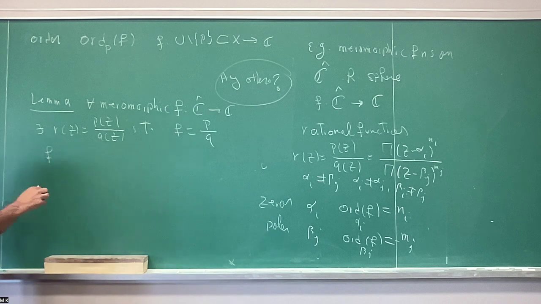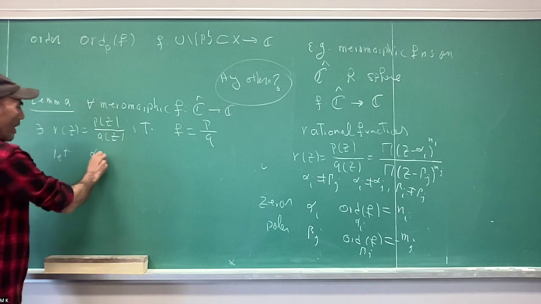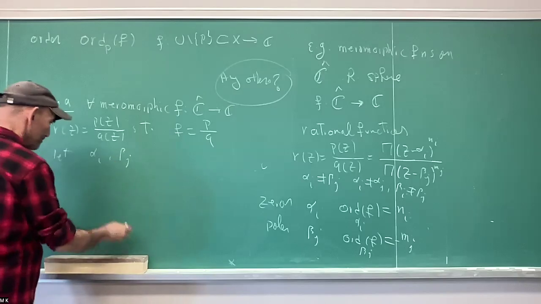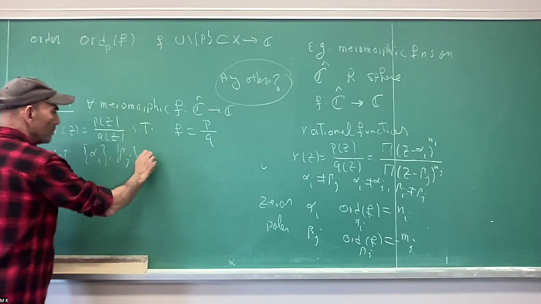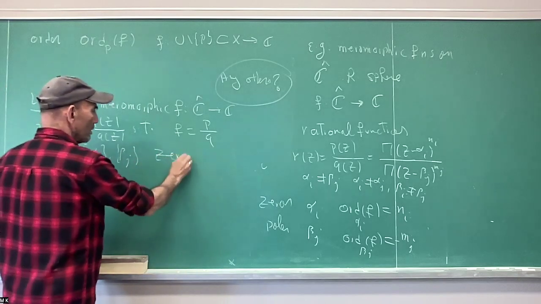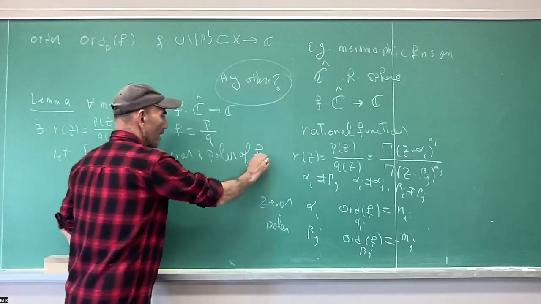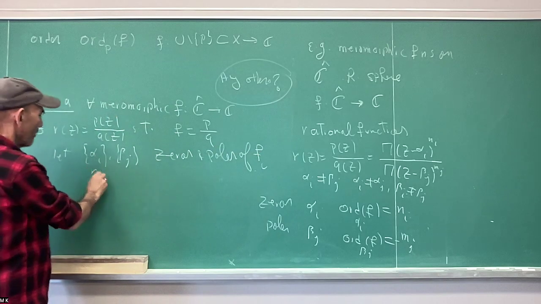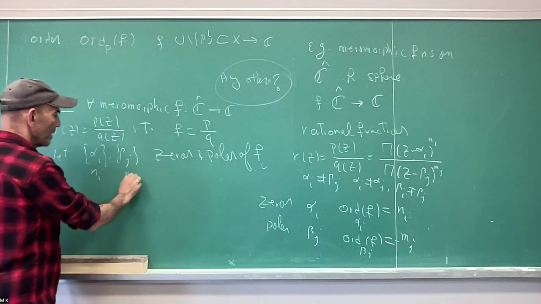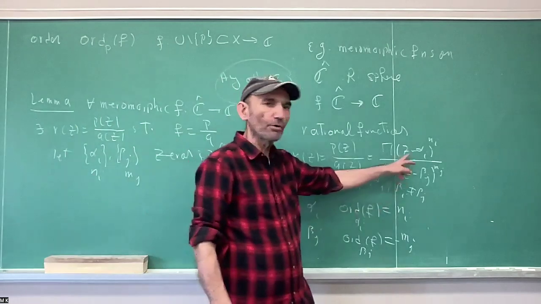So let alpha_i, beta_j be the zeros and poles of f with multiplicity. I use multiplicity m_i for zeros and n_j for poles. And then you just form this function.